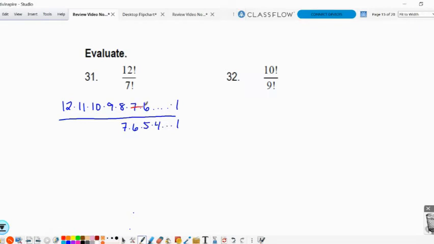We can cancel 7 through 1 in the numerator and 7 through 1 in the denominator, leaving us with 12 times 11 times 10 times 9 times 8 in our numerator. That's all we need to do. And that leaves us with 95,040.